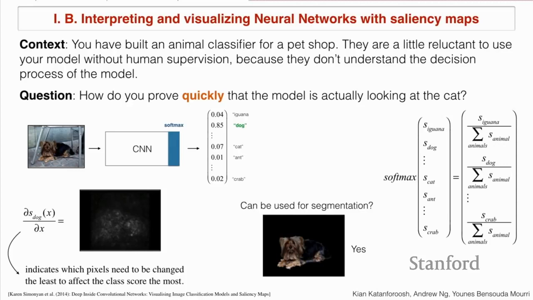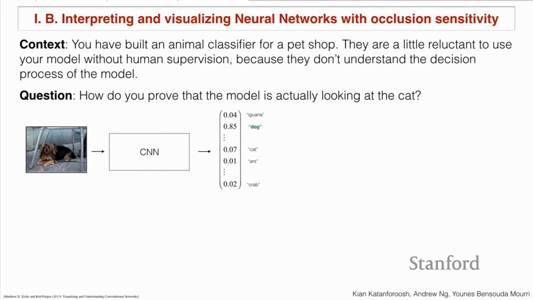So you could use a simple thresholding to find where the dog was based on this pixel derivative, the pixel score map. It doesn't work too well in practice, so we have better methods to do segmentation, but this can be done as well. So this is what is called saliency maps, and it's a common technique to quickly visualize what the network is looking at. In practice, we will use other methods.